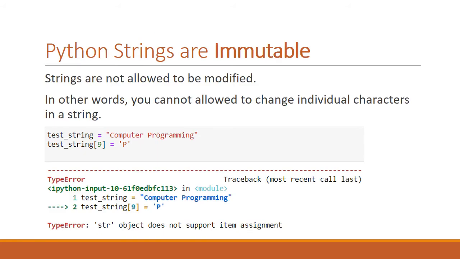We've mentioned before that Python strings are immutable, meaning that strings are not allowed to be modified. So you're not allowed to change any of the individual characters within a string.